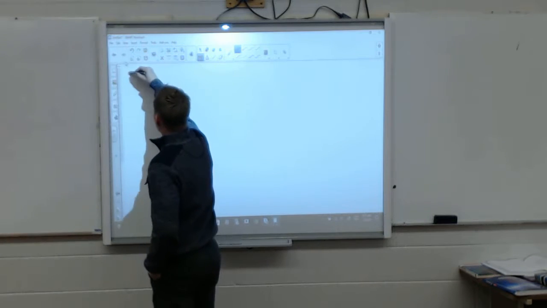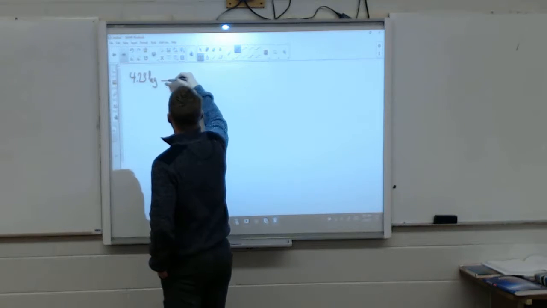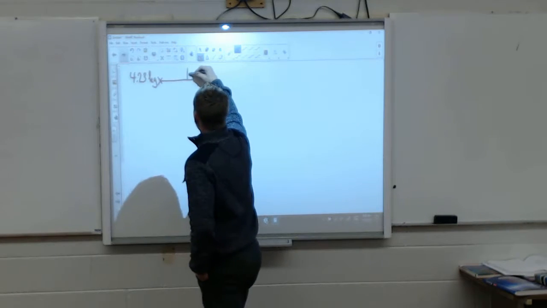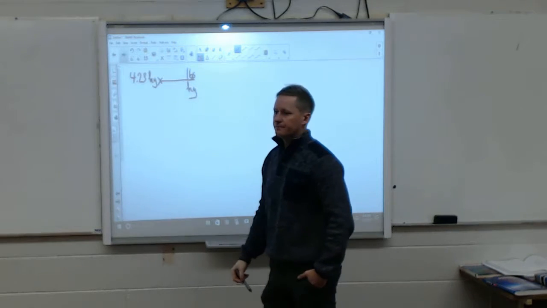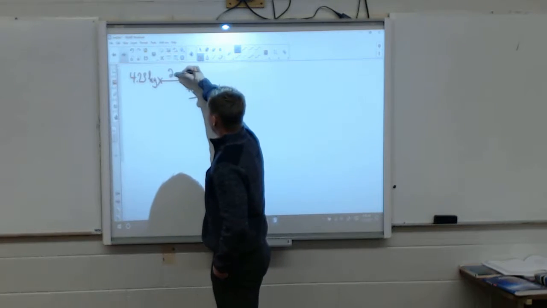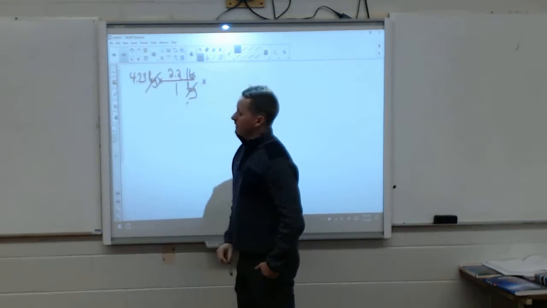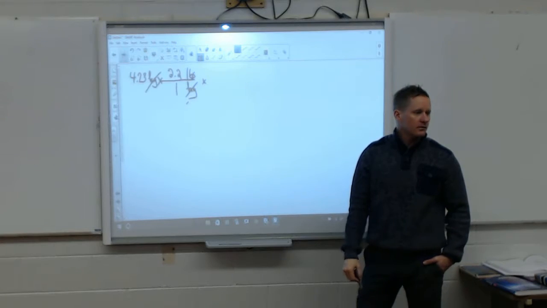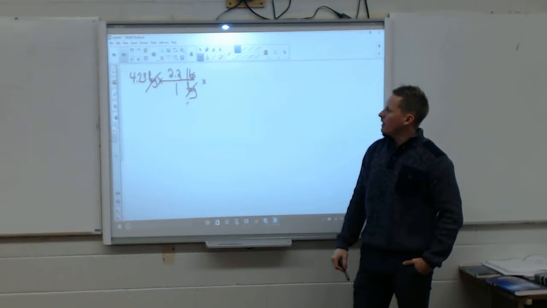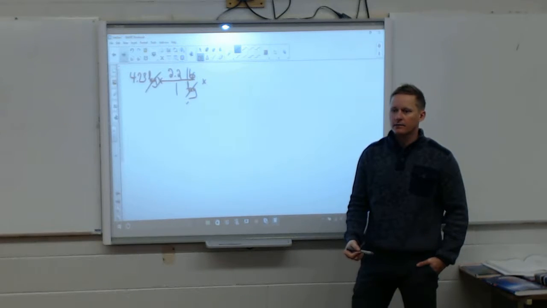So we have 4.23 kilograms. The first thing we want to do is change that to pounds. So what's the ratio? 2.2 over 1. Okay? Now I cancel out my units. When I have units on the top and units on the bottom, I cancel those out. Okay? So now I've got the turkey size in pounds, right?